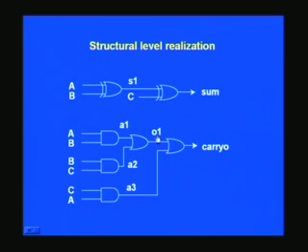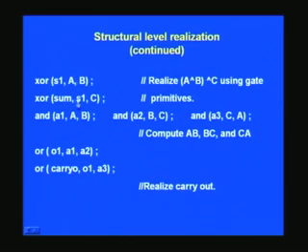Once again O1 is an intermediate signal we will be using, and the final results are sum and carry. In the next slide you see the gate level implementation for the same, and notice that you may have to go for say 3, 5, 7 lines here, and this is very akin to your standard schematic-based entry.